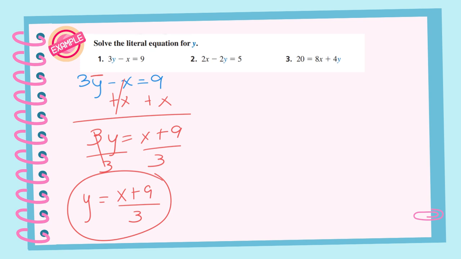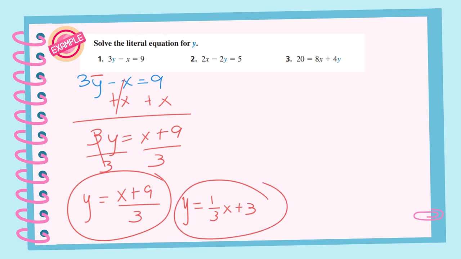Now, if you really think about it, is there something else that I can do here? Can we try to simplify it more? If you were to divide this, you're going to have y equals 1/3 x plus 3.